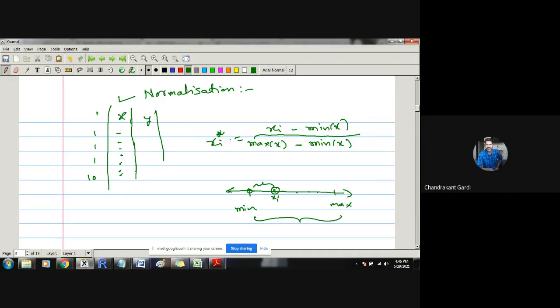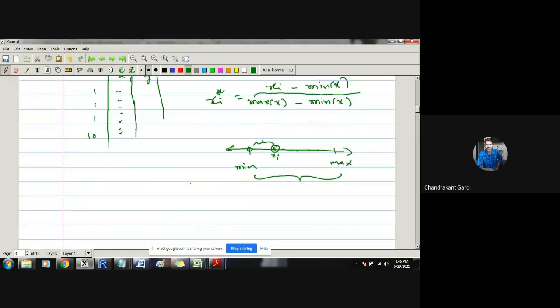I will tell you what we are actually doing here. We have seen change of origin and change of scale. Suppose here it is the origin, and we are bringing the origin to this particular point, so we are making a change of origin. Suppose this particular point is 5 and suppose here it is 7.